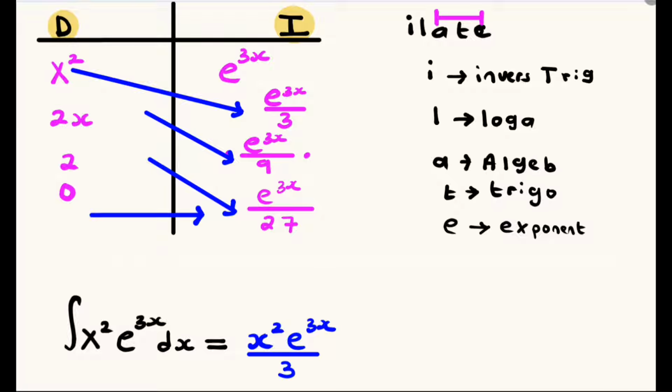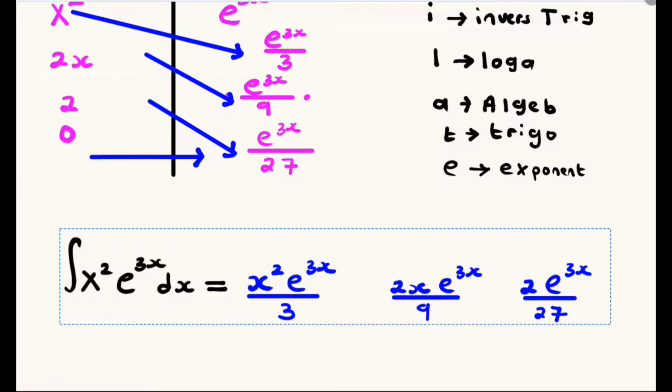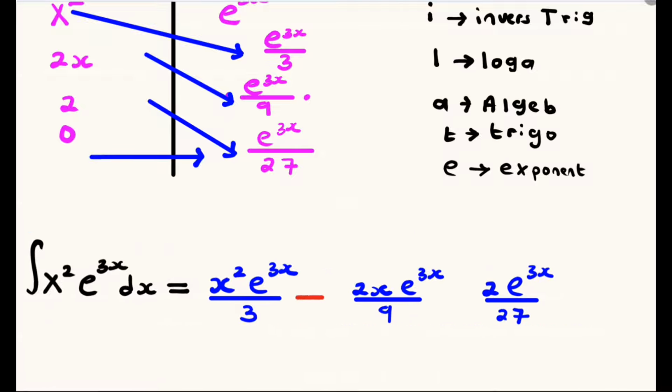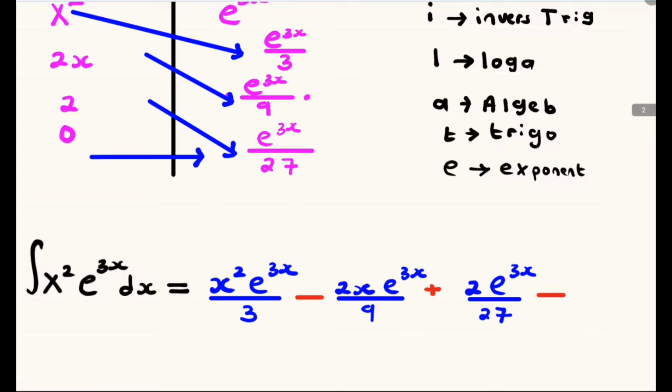The 2x goes diagonally and it multiplies with the e raised to the power 3x divided by 9, and we go diagonally again, and that 2 multiplies diagonally with e raised to the power 3x divided by 27. The first sign between the terms will always be negative, and the second one will be positive, and the third one will be negative, so they rotate like that.